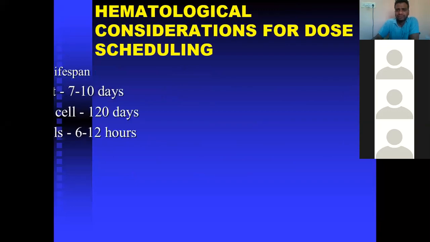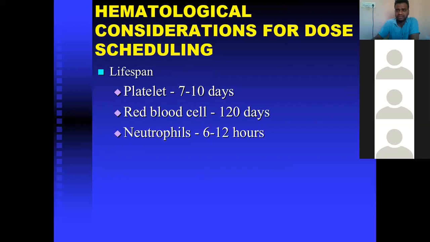Hematological consideration for the dosing schedule. This is important because most of these drugs are myelosuppressive, and they suppress the bone marrow very profoundly, and the patient has pancytopenia. So let's have a look at the blood cell environment. Platelet lifespan is 7 to 10 days. Red blood cell, 120 days.